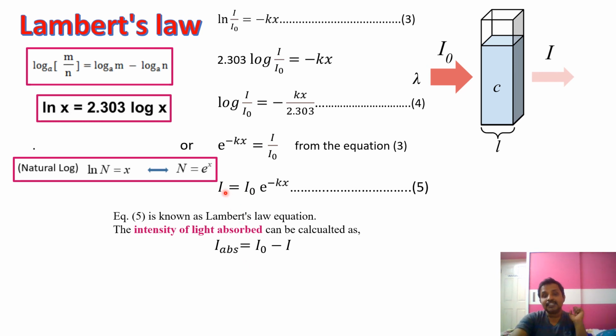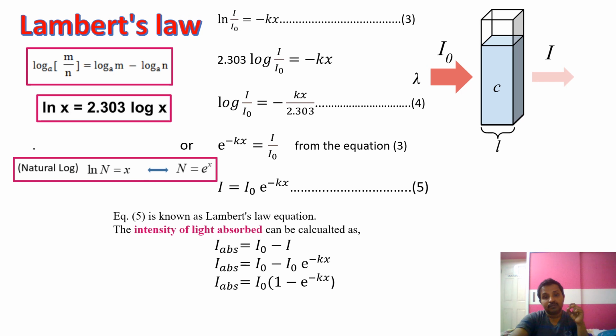Substituting, I observed equals I naught minus I naught e to the power of -kx. Taking I naught common, we get I observed equal to I naught times (1 minus e to the power of -kx). By using this formula, we can calculate the intensity of observed light.